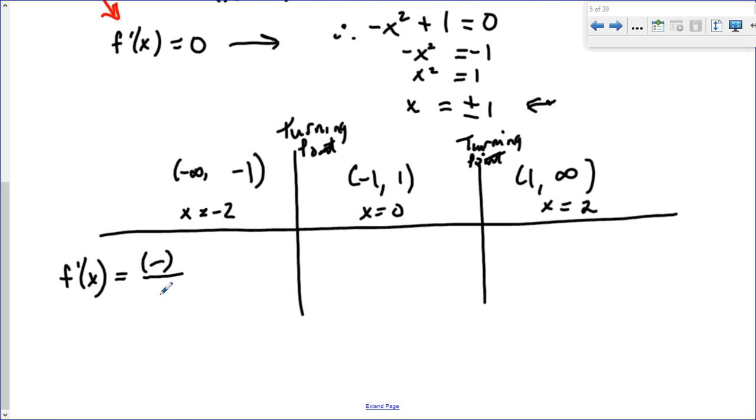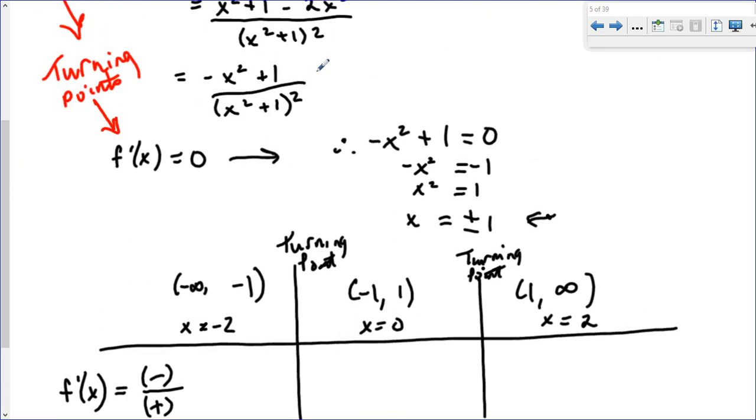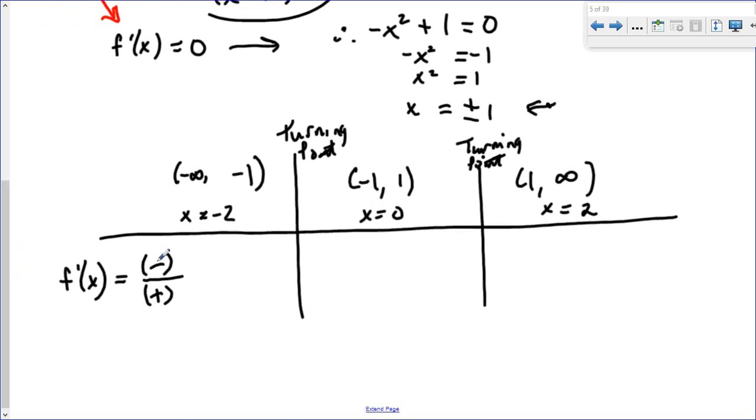No matter what I put in there, if I square it and then add 1 to it, and then square it again, that's always going to be positive. So I have a negative divided by a positive, that's negative, and what that means is the slope is less than 0, so it's decreasing in this interval.